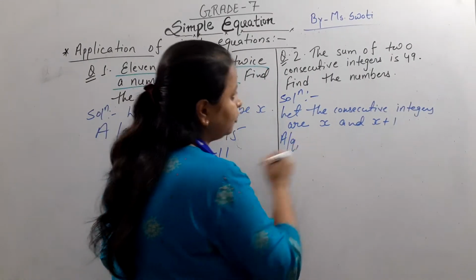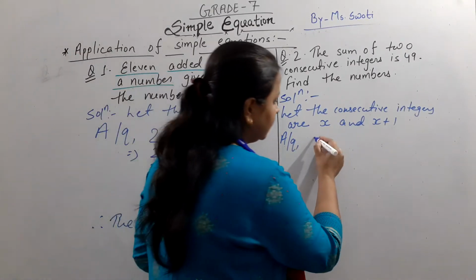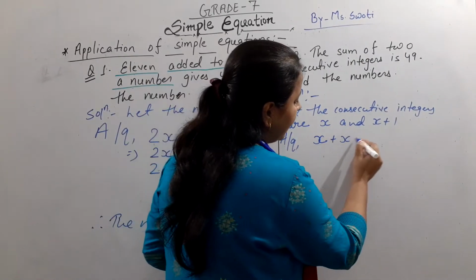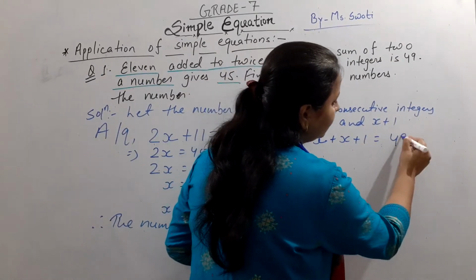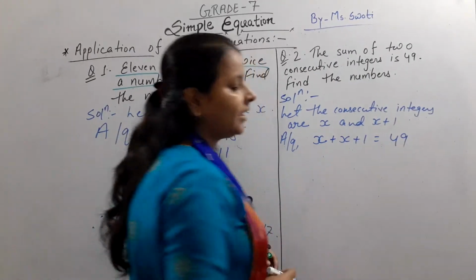Now according to the question, the sum of two consecutive integers is 49. The sum of consecutive integers, it means x plus x plus 1 is equal to 49.